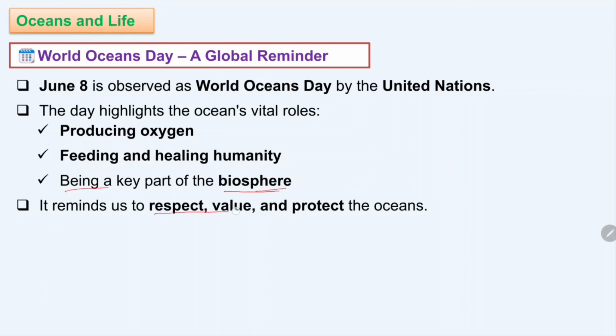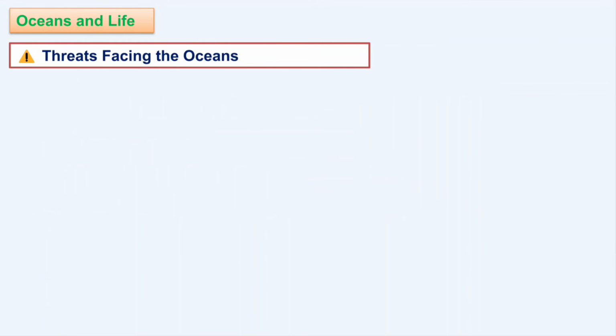So it reminds us to respect, value and protect the ocean. That is why we celebrate World Ocean Day on the 8th of June every year, so that we can remember the importance of oceans and their vital role in our human life.